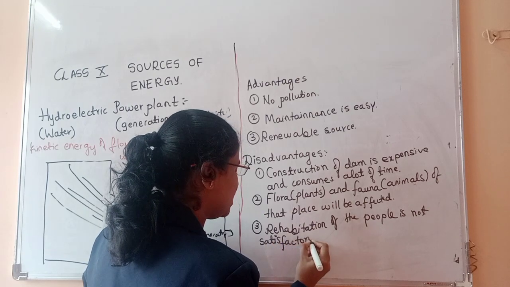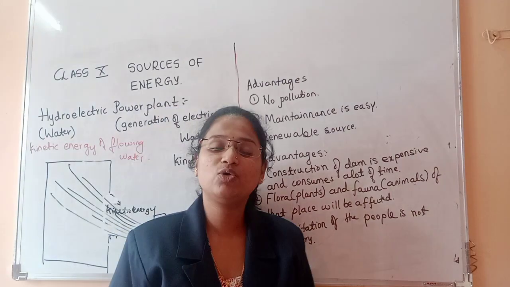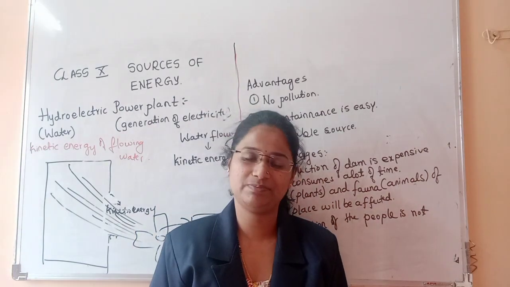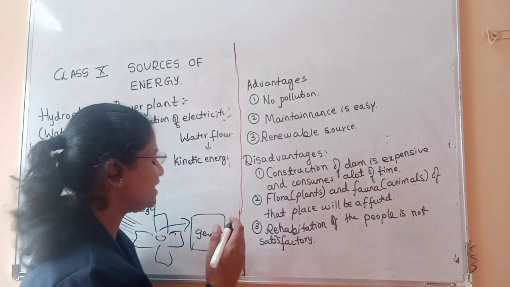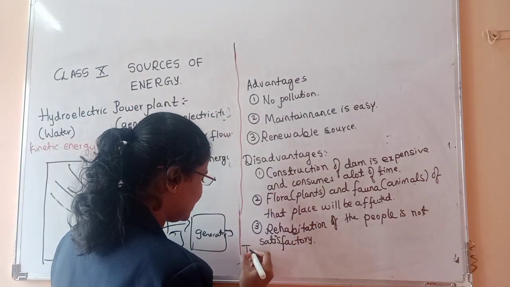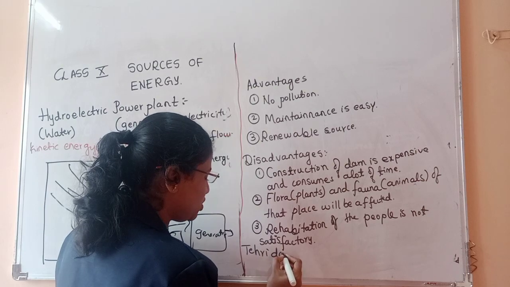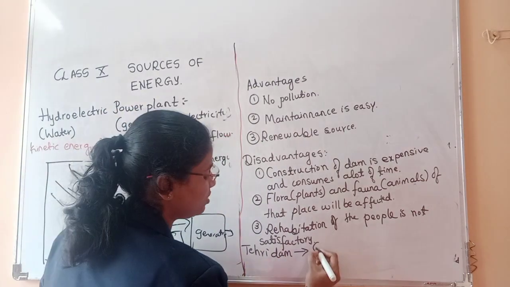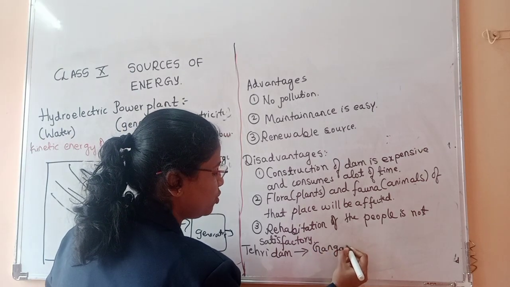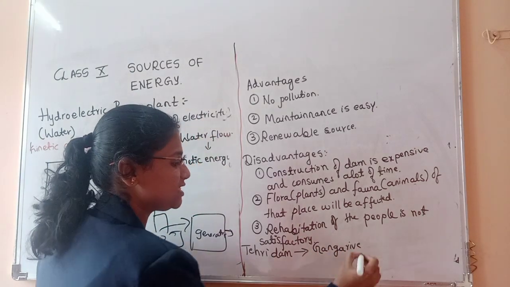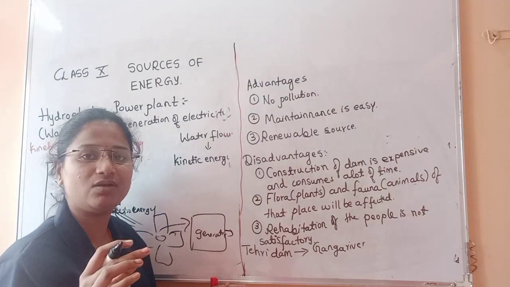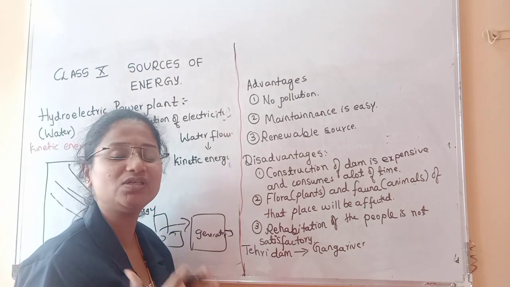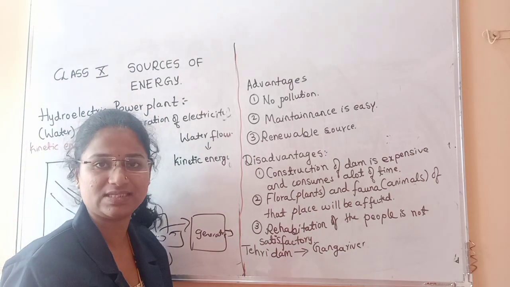Many times, to construct a dam, the government faced many oppositions from the people. For example, Tehri Dam, which was constructed on the Ganga river. Many people protested against this construction because their livelihood and work were affected.